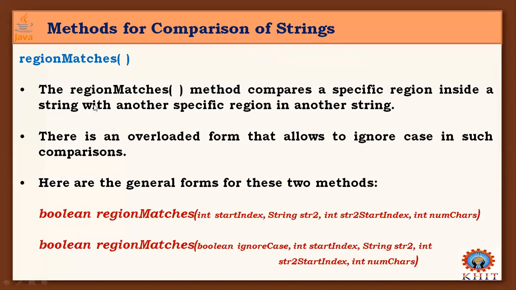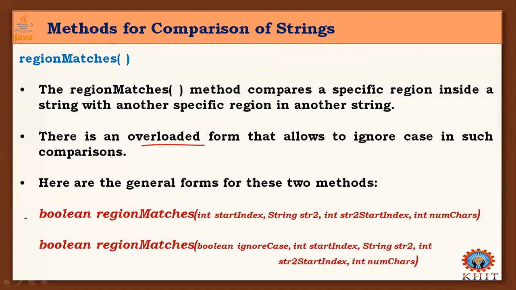Next one, the regionMatches method. This is also one of the comparison methods for strings. The regionMatches method compares a specific region inside a string with another specific region in another string. Region means a substring, maybe you can call it that. There is an overloaded form that allows you to ignore case in such comparisons.